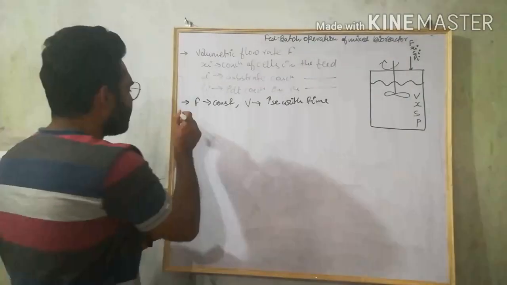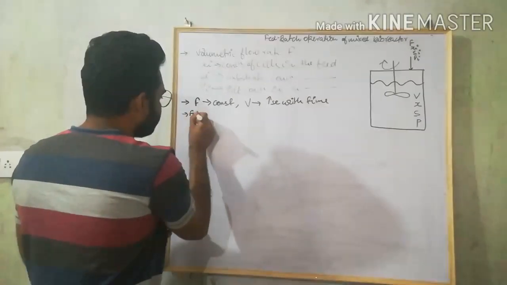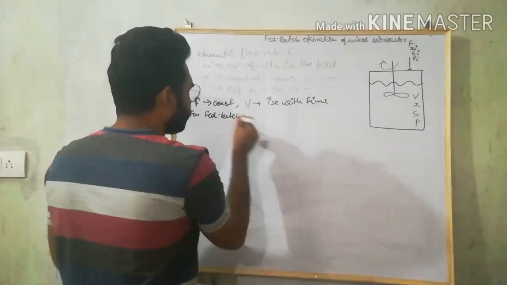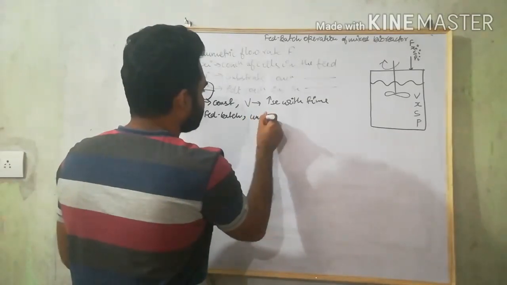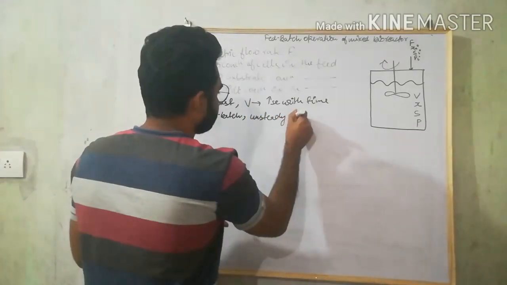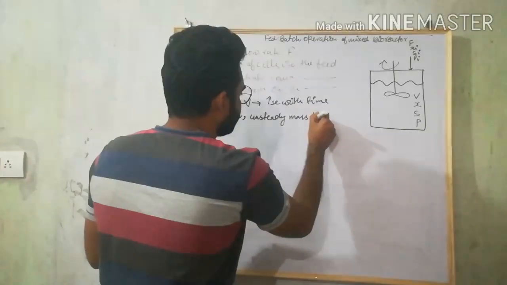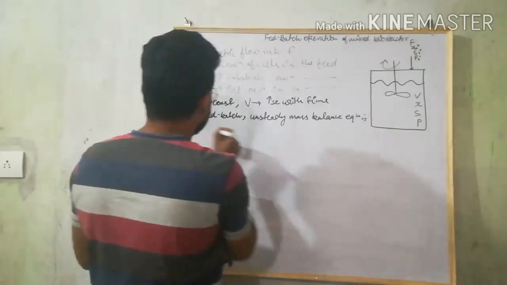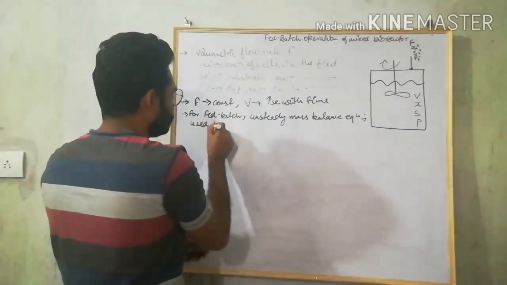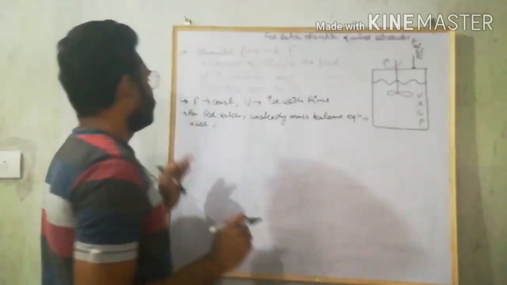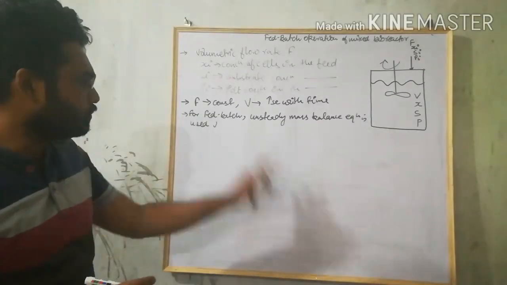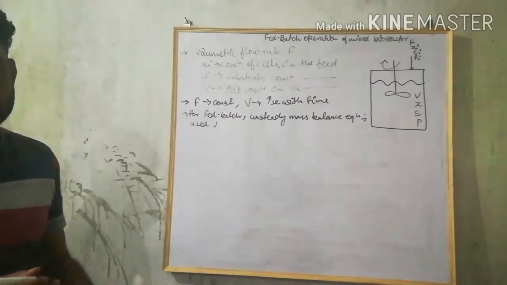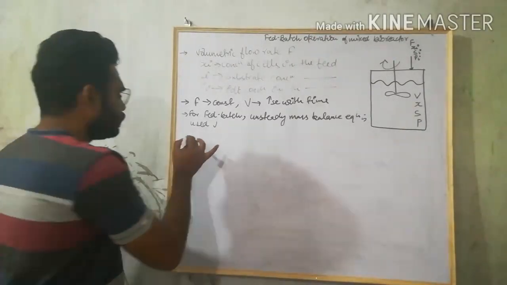So for the fed batch operation, we are going to use the unsteady state mass balance equation, right? So what is that equation?